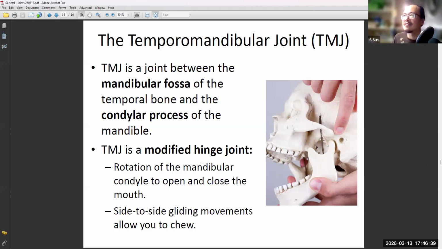By the name you know it's two bones, and now we know which part of the bone provides the contact. That is the condyle and the mandibular fossa, the condylar process. With this joint, we know that this is a synovial joint, so it has to have fluid inside, and then it has to have some capsule to keep the fluid inside.